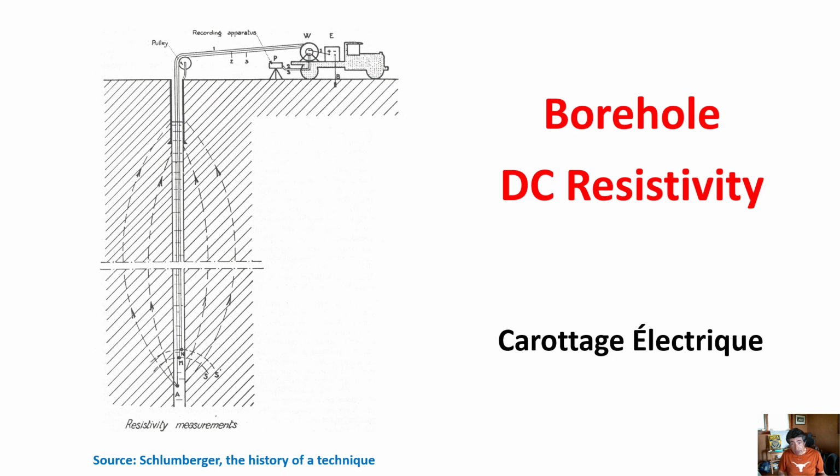They designed this measurement system in which there were injection electrodes A and B on the surface, and two voltage measurement points, M and N. This is the principle of what we now call the lateral log.